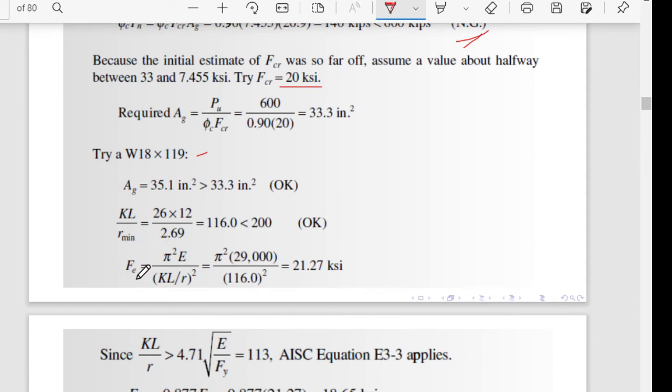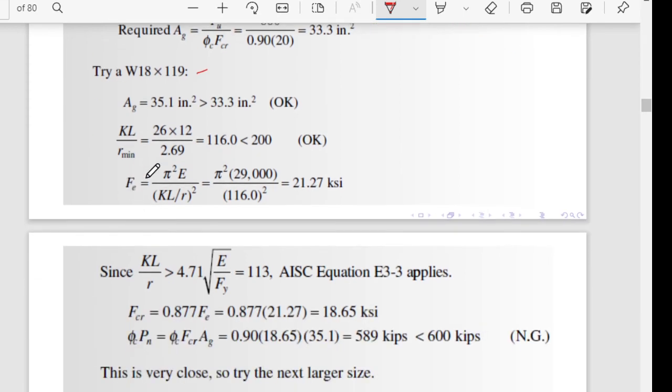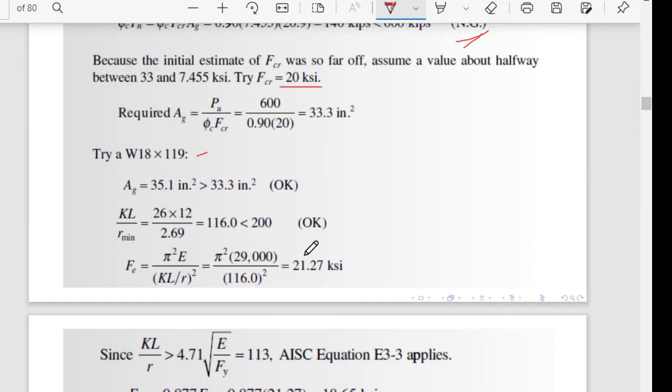Then compute again, using this value of the slenderness ratio, the Euler's stress or FE. FE is 21.7. Then compare this one.